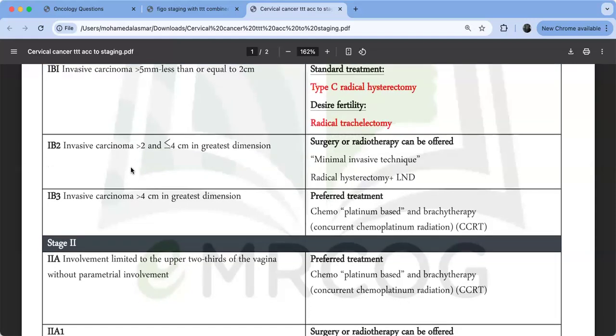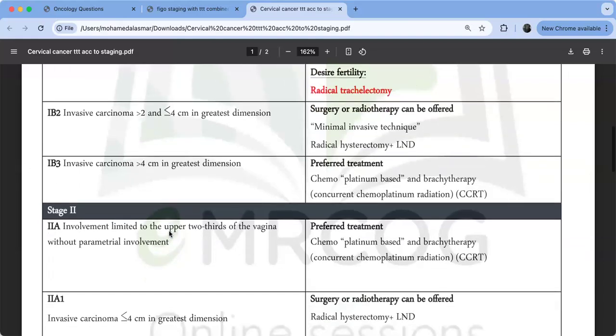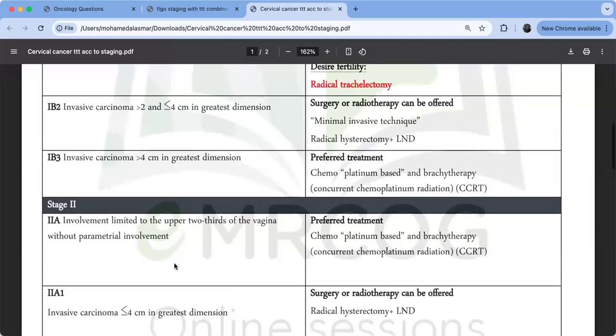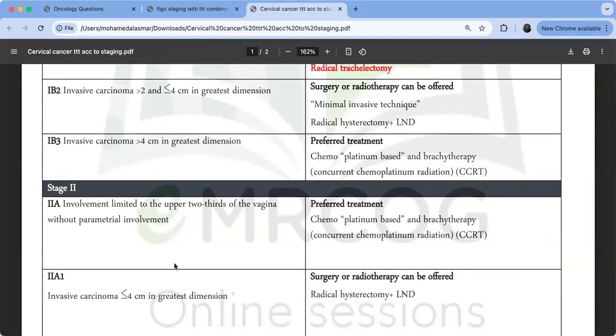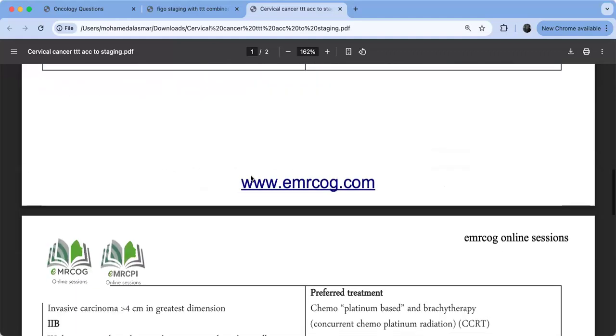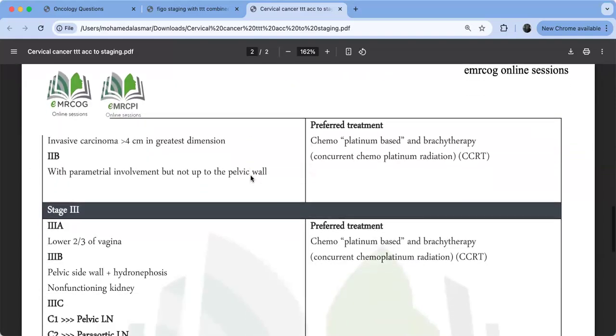As it's similar, 4cm and 4cm, here it's either surgery or radiotherapy. That's why even in the TUG article, in the FIGO, 1B2 and 2A1 are two sides of the same coin. But most likely it will be going for the option of radiotherapy.